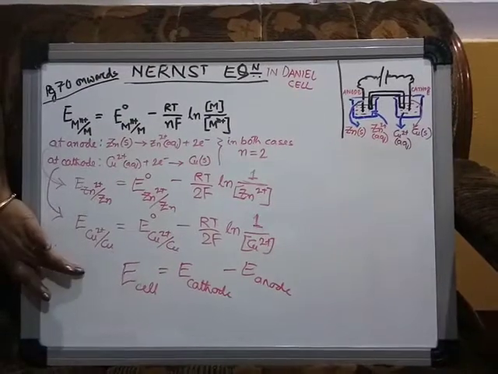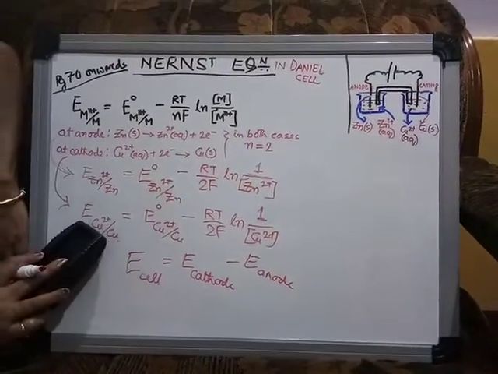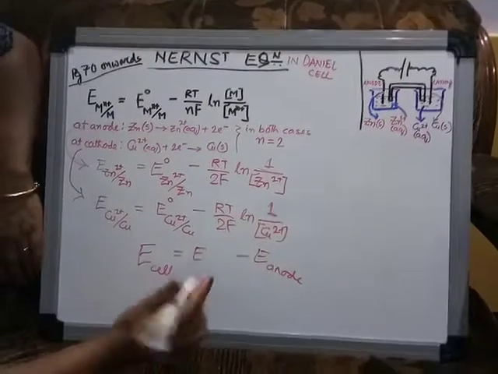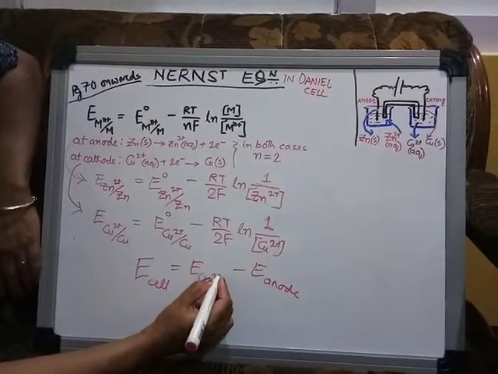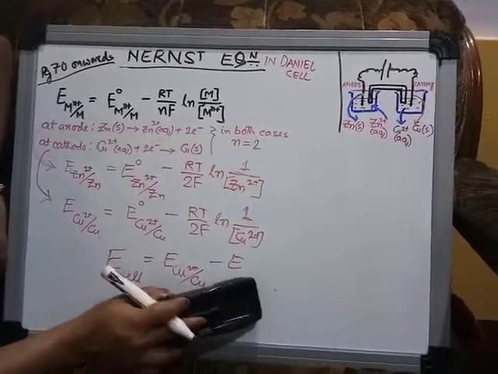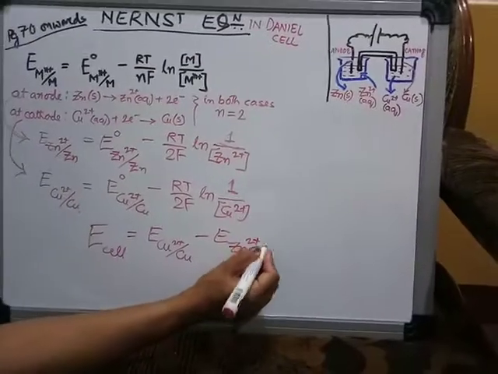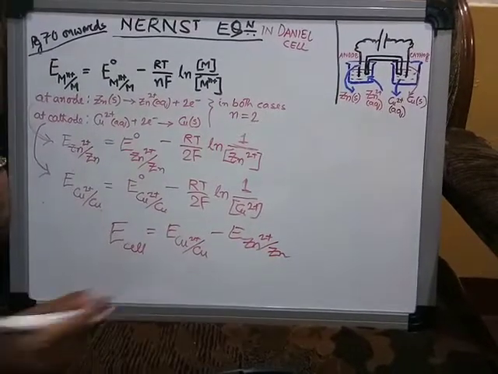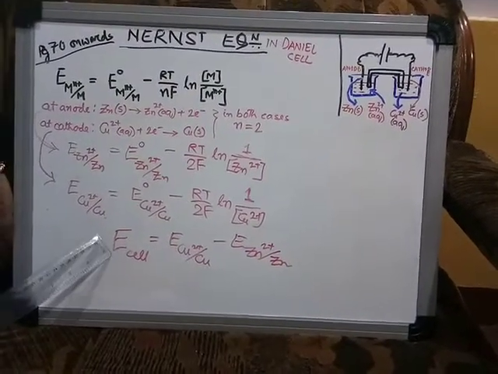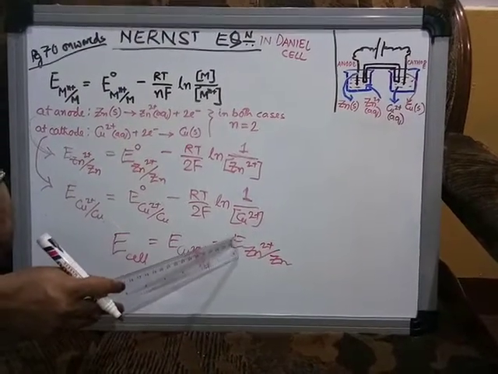So then what is our cathode? Our cathode is this one. So we will write E Cu2+/Cu, and instead of anode we will write E Zn2+/Zn. So this E cell, when we want to calculate, will be given by these two things.